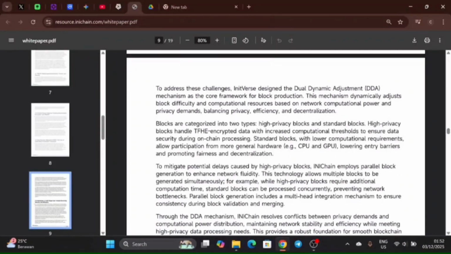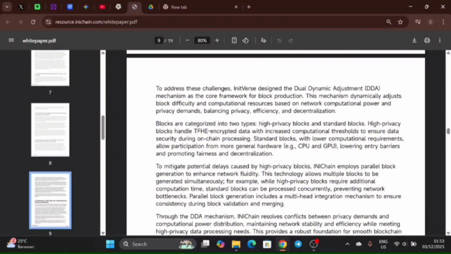That's cool. That means the solutions address the challenges they face. Because of the privacy they face, they use DDA, dual dynamic adjustment, to process and categorize which data is more important and which is less important.